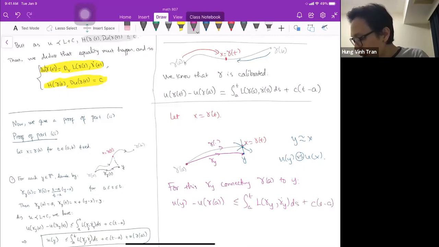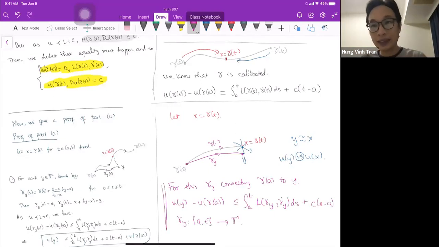Okay, so I should have said that gamma y is the curve mapping from a to t into the torus. So this is sort of the heuristic idea, right?